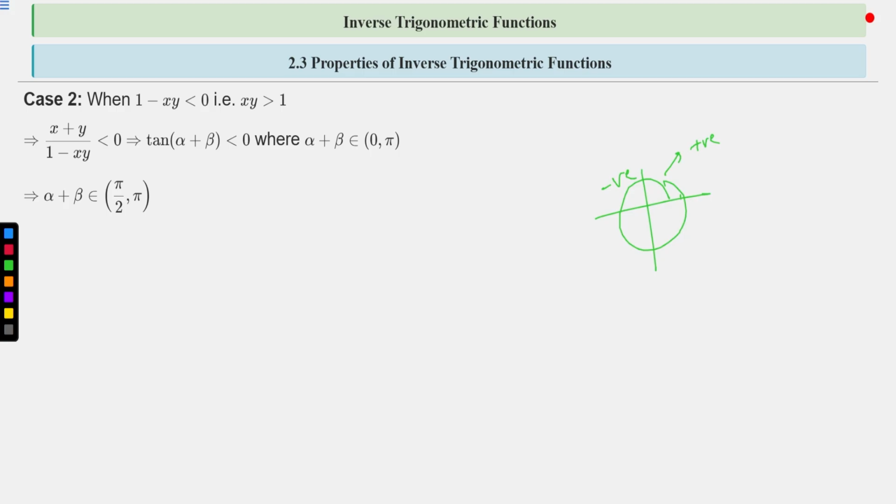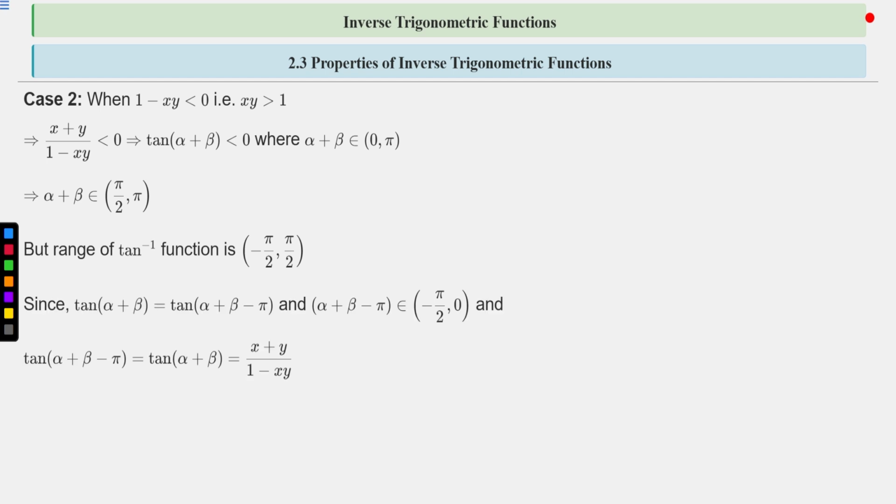We are getting tan of (alpha plus beta) less than 0. Therefore, alpha plus beta will belong to pi by 2 to pi. Clear? But the range of the tan inverse function is basically minus pi by 2 to pi by 2.